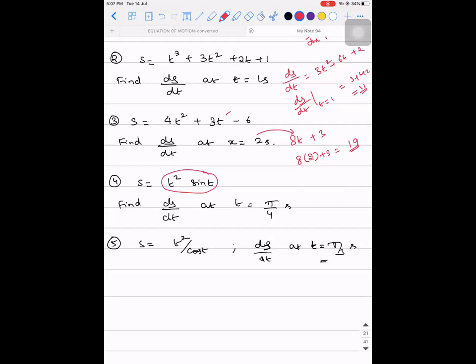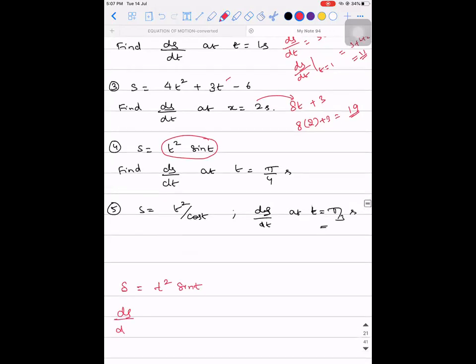What rule are we supposed to apply? Product rule. So what does it tell? So s is equal to t square into sin t. So what is ds by dt equal to? I told you, first function into derivative of second, plus second into derivative of first.